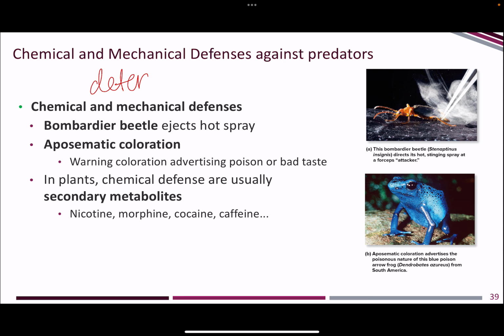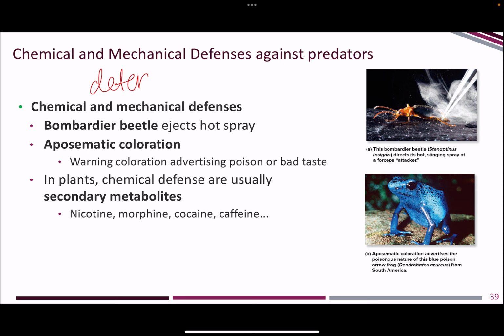An example of this on the right hand side is the bombardier beetle. It ejects hot acid from its abdomen. So you can see that squirt there. So that is clearly a chemical defense. It could also be a mechanical defense. This might scare a predator away from them.